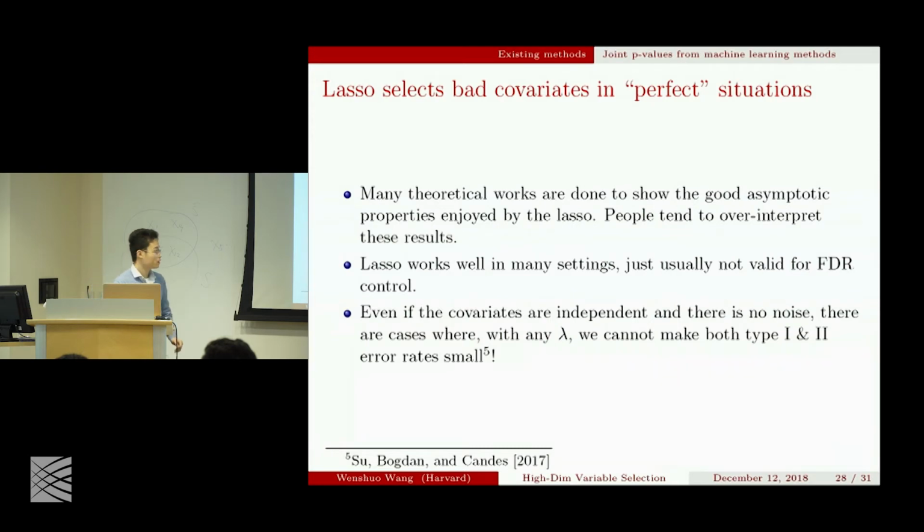There's a very extreme case: even if you have independent covariates and there's no noise, there are still cases where you cannot make both type 1 and type 2 error small with any lambda. That means with any lambda, you either have a very high type 1 error, which means you select a lot of null variables, or you're going to have a very large type 2 error, which means you miss a lot of non-null variables. So you really cannot have FDR control using lasso.